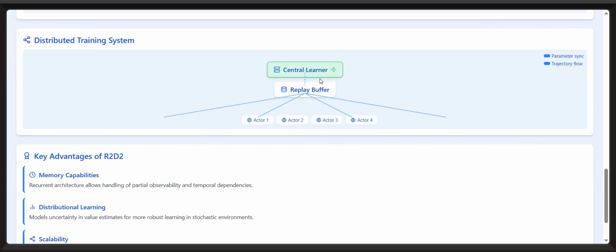The dotted lines show parameter sync, so when the learner has updated its weights, it sends those back down to the actors. The solid lines represent trajectory flow, that's the actors sending collected sequences back to the buffer for training. So you have got this loop: actors collect data, data goes to the buffer, learner trains, updated model goes back to the actors.